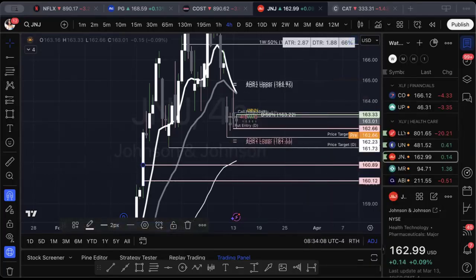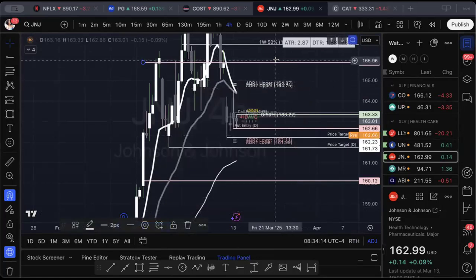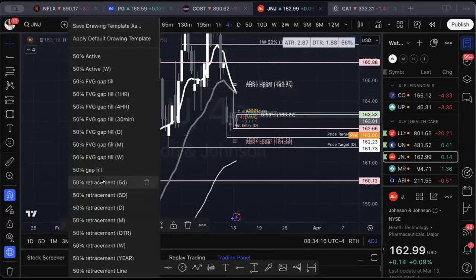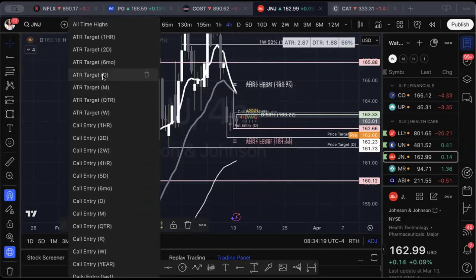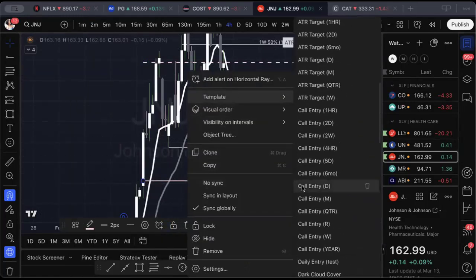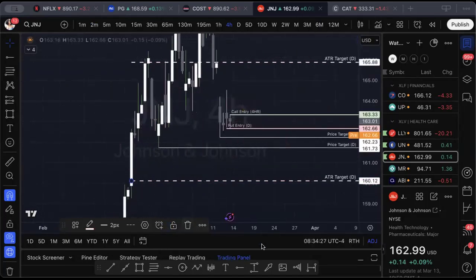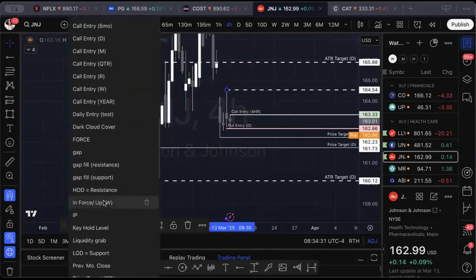Let's clone that. And let's give both of these the ATR target. All right, great. And so now that we have all of that mapped out, let's go ahead and put our price targets on it to the upside.